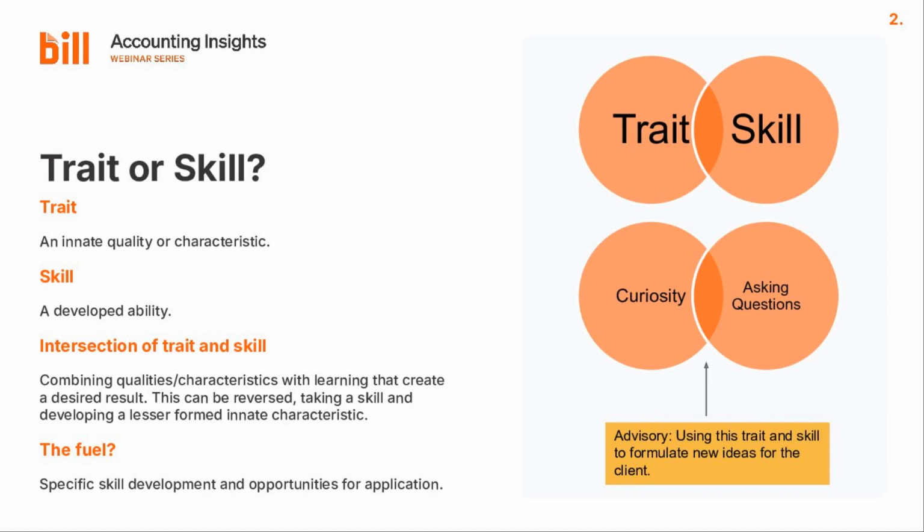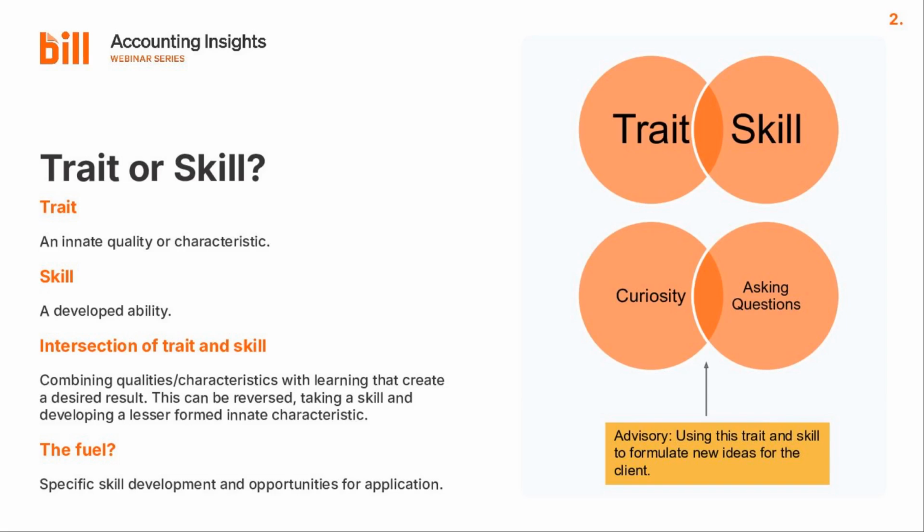Some people will have high levels of curiosity. Some people might have lower levels of curiosity. But if this is a trait that you want to build, you can actually improve it by learning the skills that can help to improve it. So I want to give you the other way that you can build these two elements interchangeably.